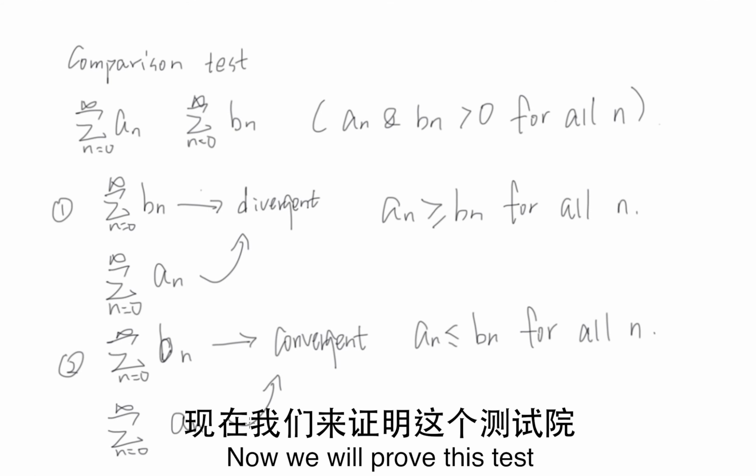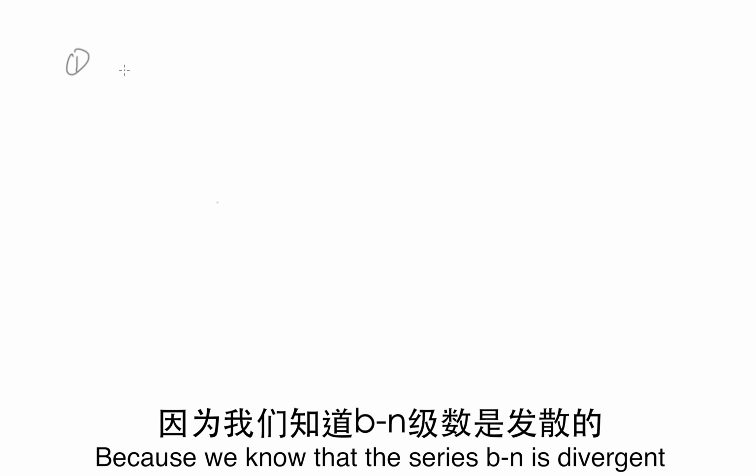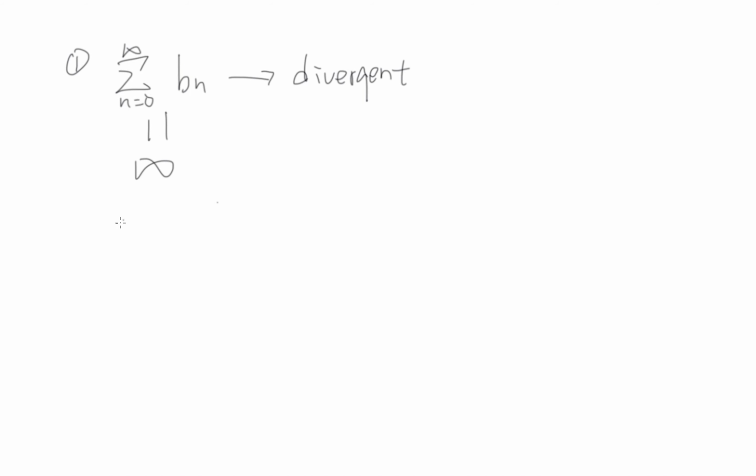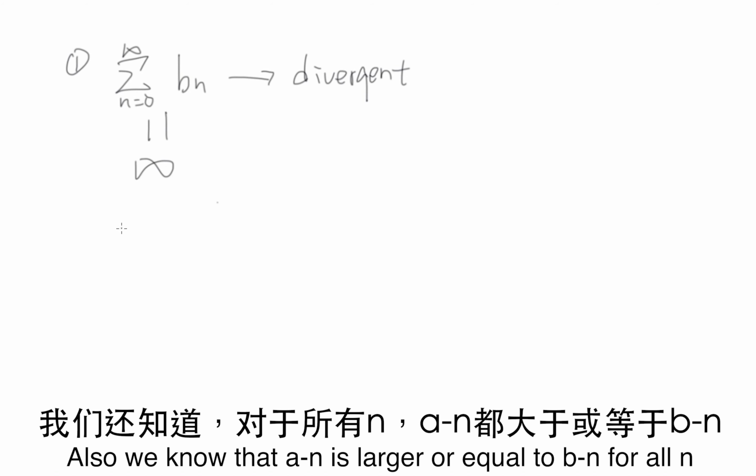Now we will prove this test. Because we know that the series bn is divergent, we can say that the series bn equals infinity. And also we know that an is larger or equal to bn for all n.